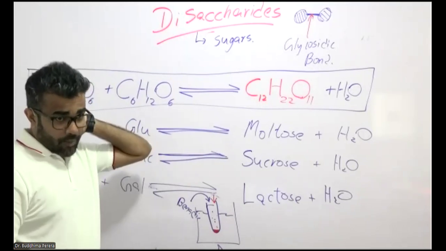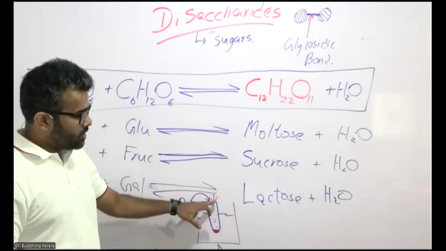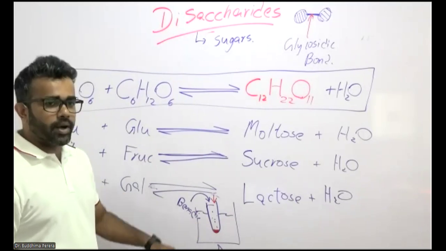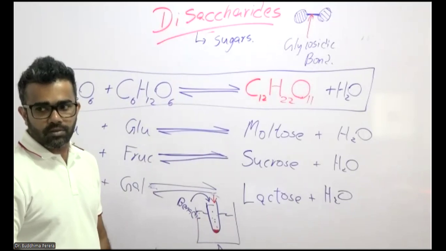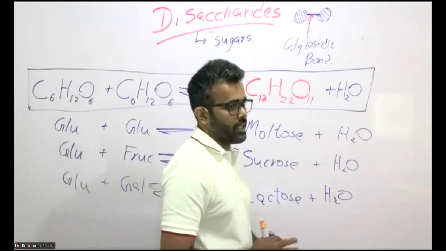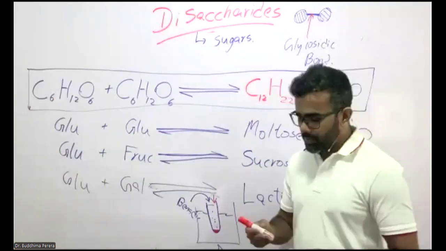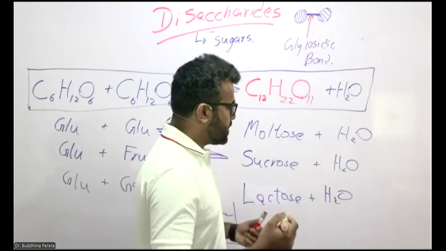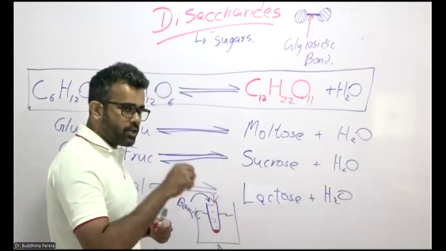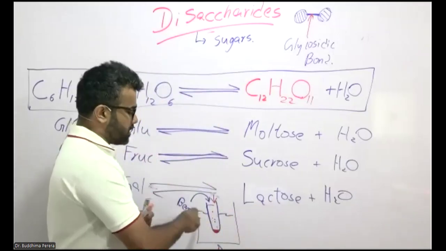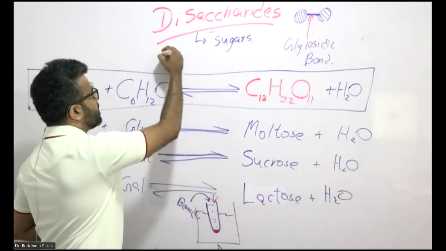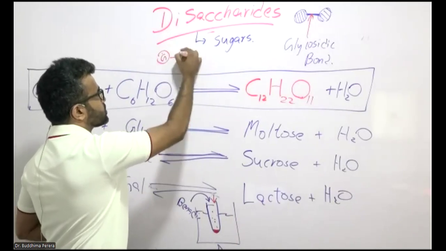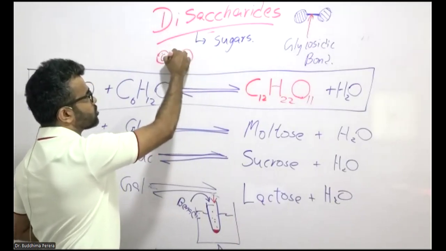Then it shows a bright red color deposition. What is happening there? Sucrose is made up of a glucose and a fructose.